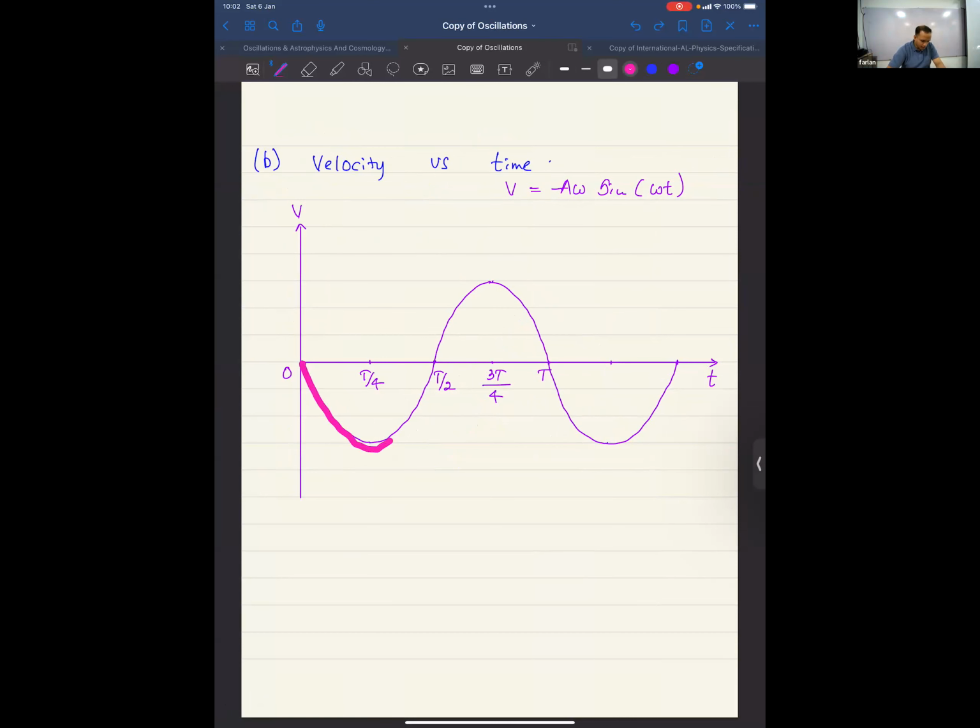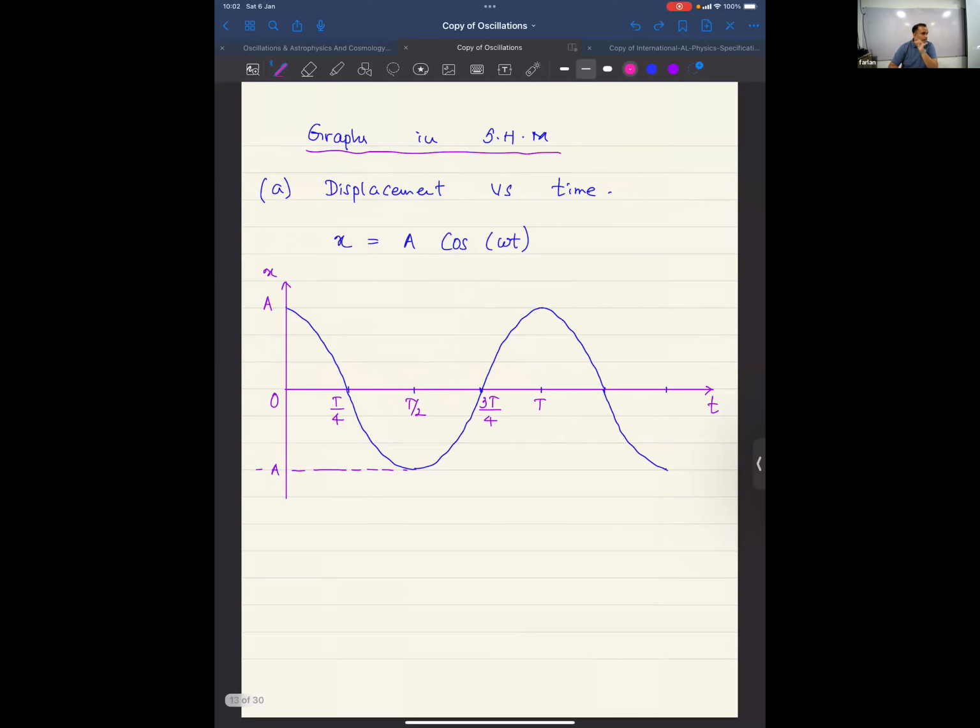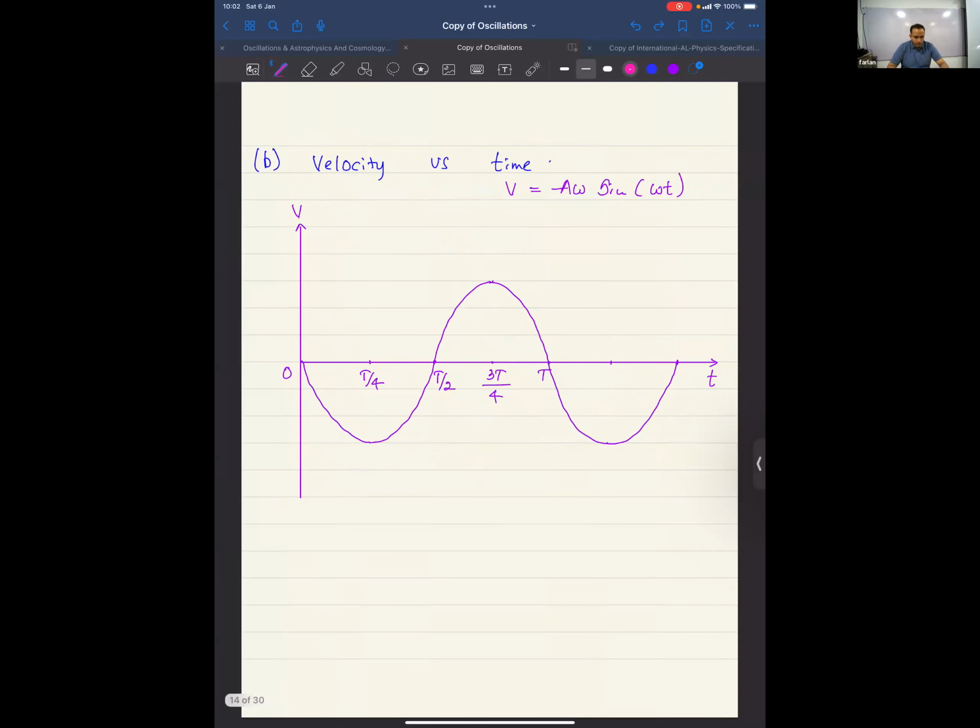And it will have a variation like this. This is the displacement graph. This is the velocity graph, velocity time graph.